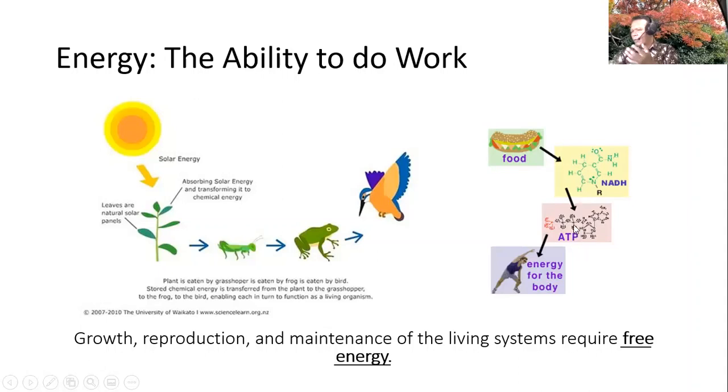This chemical energy is needed for the body. So energy in this case will be used for growth, reproduction, and maintenance of the living system.